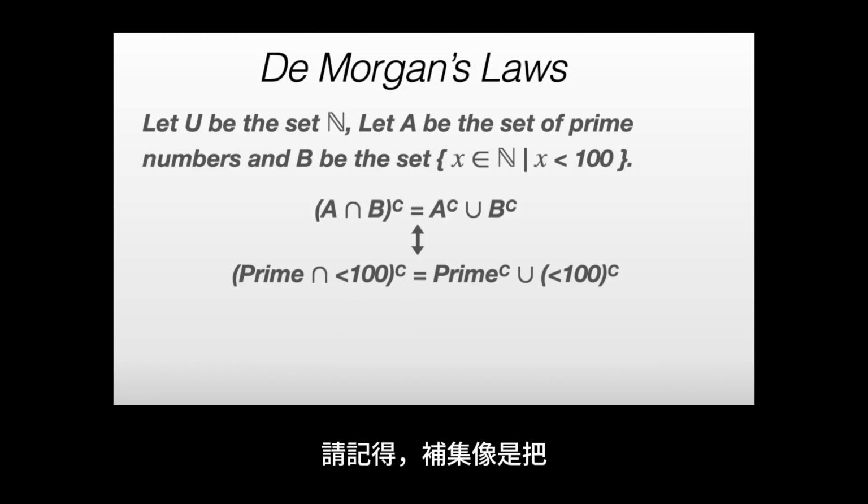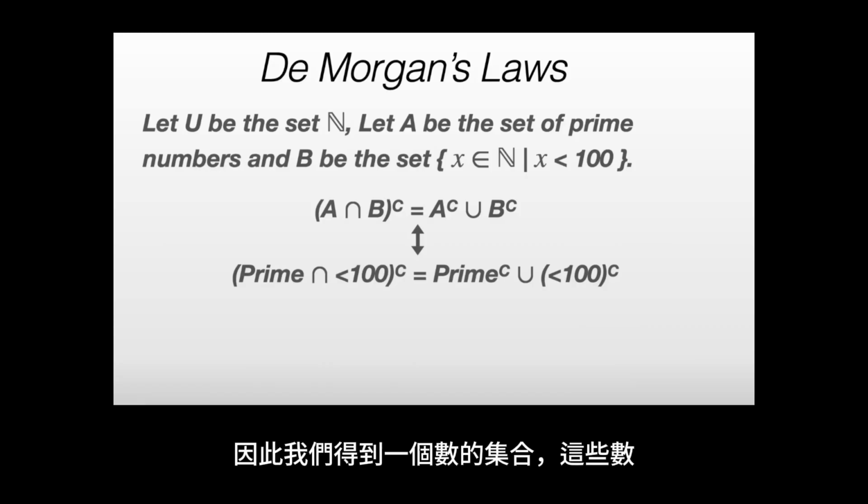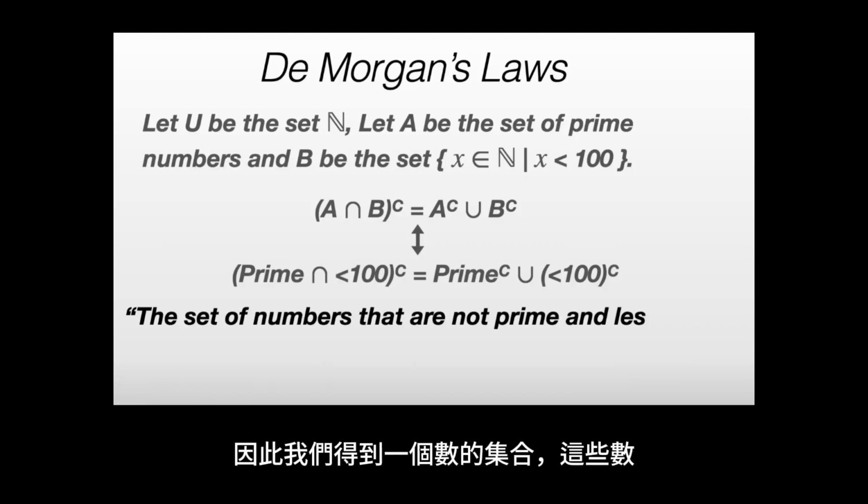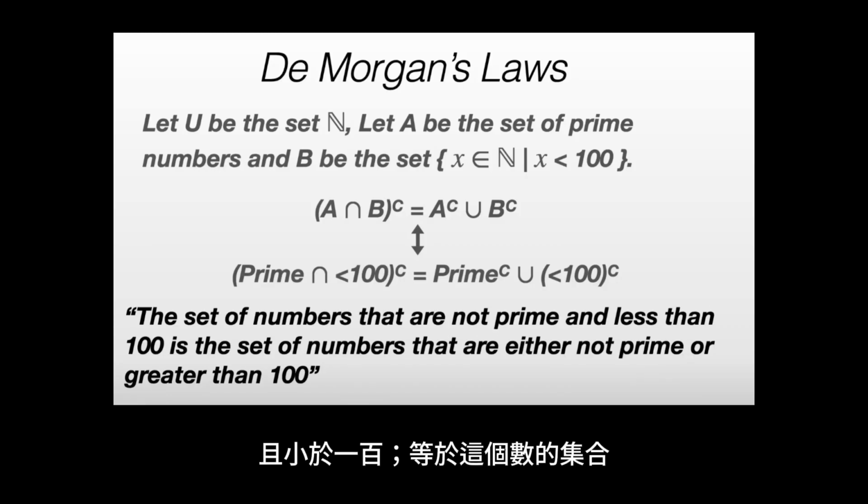Remember, the complement is like changing true to not true, and so we get the set of numbers that are not prime and less than 100 is the set of numbers that are either not prime or greater than 100. Notice that we're allowing numbers greater than 100, but only those that are not prime.